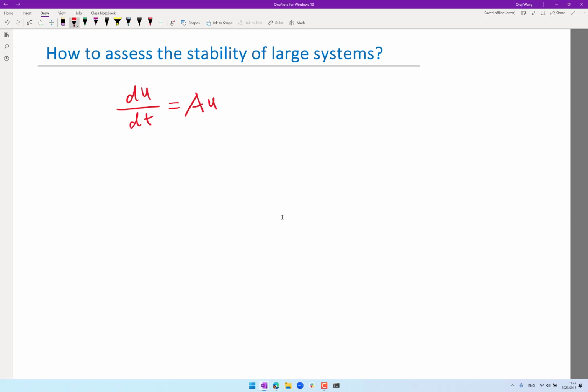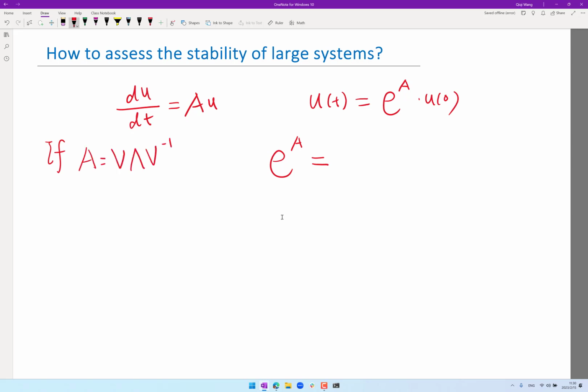It turns out that the solution to this equation, u as a function of t, can be written as e to the power of A times u0. What is e to the power of A, where A is a matrix? If I can represent A equal to V lambda V inverse, then e to the power of A is simply V times e to the lambda times V inverse.